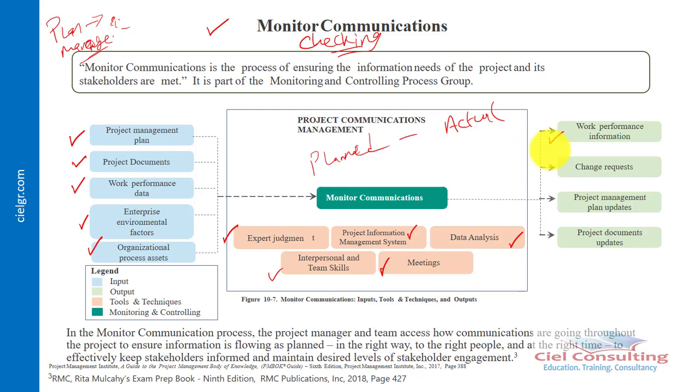Work performance information here refers to a specific set of information which of course you're going to be communicating to your team members based on the outcome of your check-in processes. And then this can lead you to do a change request that might now require you to update your communications plan, as well as other documents that will enable us to successfully meet the stakeholders' expectations with regards to communications.